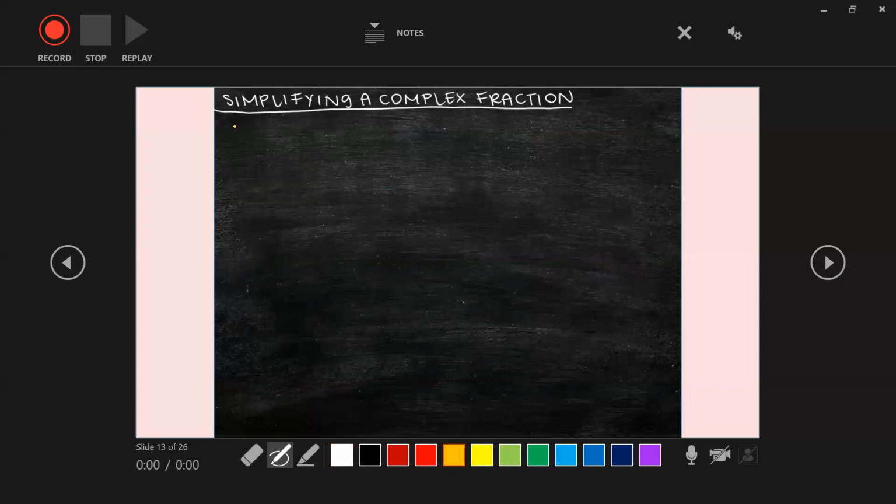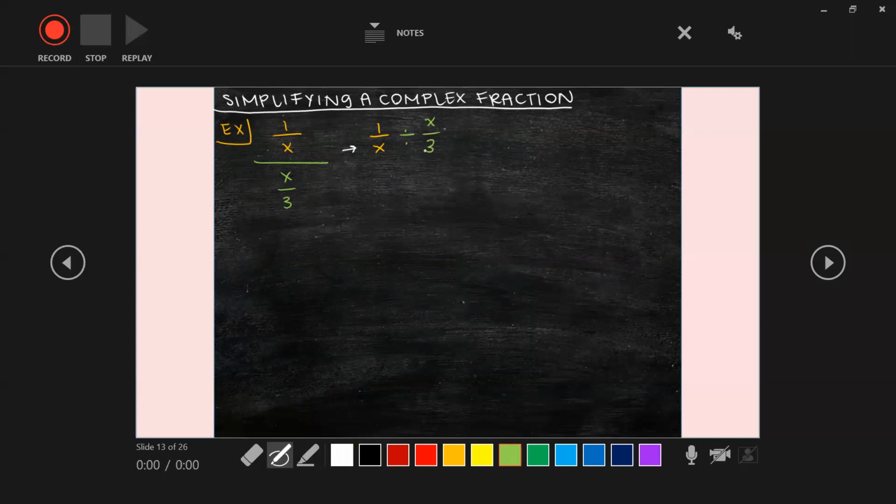So one example is if we had something like 1 over x divided by x over 3. If we have two fractions that are being divided by each other, that is going to be the same thing as 1 over x divided by x over 3.